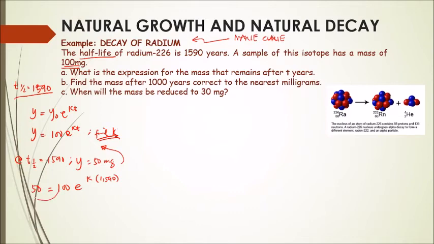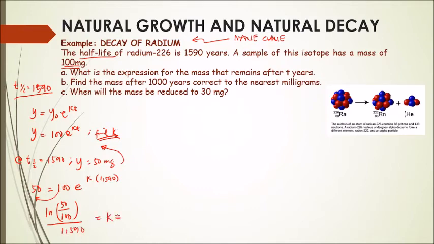So we move 100 over here, then take the ln. So this is ln of 50 over 100, divided by 1,590. That's equal to our k.